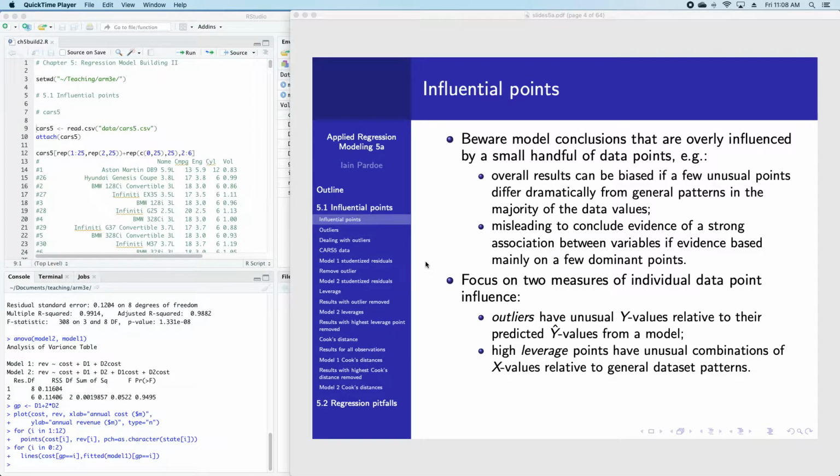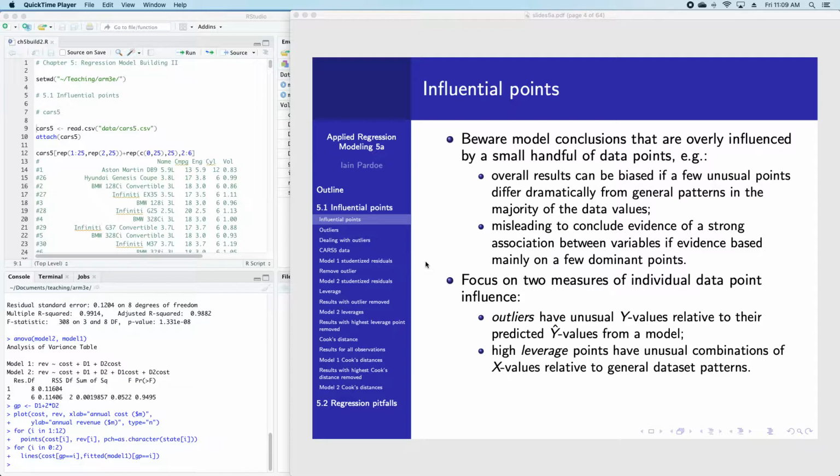So we're going to focus on two measures of individual data point influence, and these are quite distinct, so it's important to keep these ideas separate, and so we're going to focus on them separately. First we're going to think about what in multiple linear regression are called outliers, and these are data points that have unusual response values relative to their predicted values from the model.